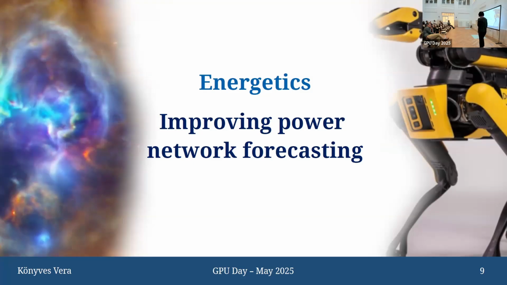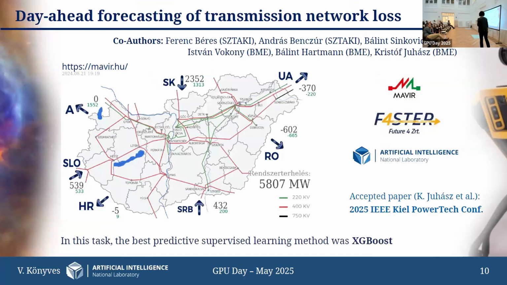So a little bit of energetics, because we can improve power network forecasting as well with machine learning methods. Last year we had a project, a very pleasant and very effective 5-month-long project with Mavir, the Hungarian transmission system operator, and also with the Technical University's research group.